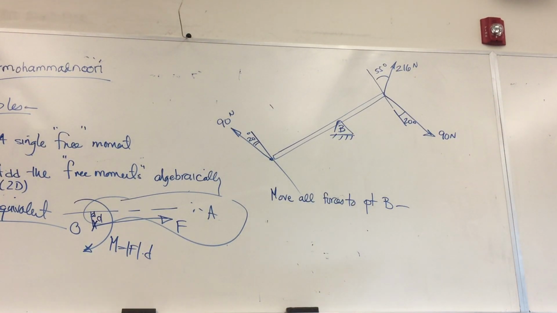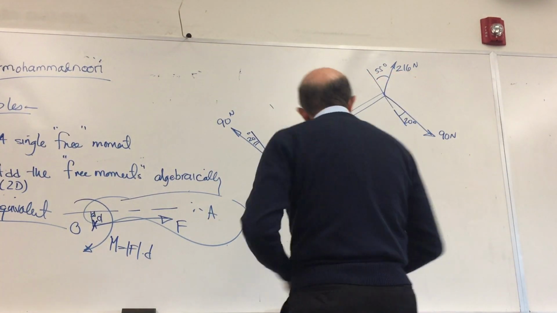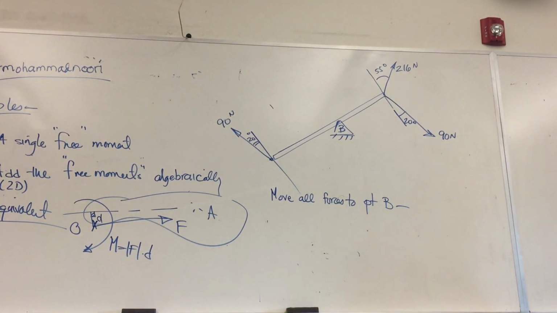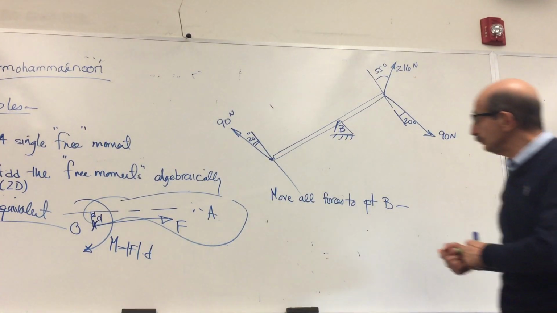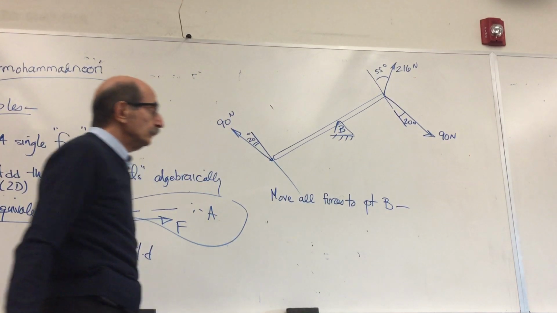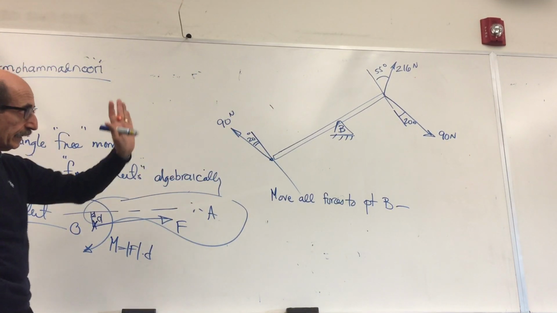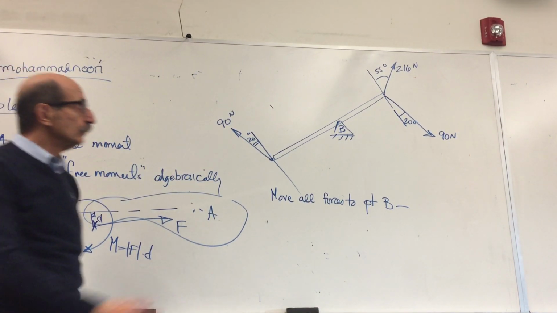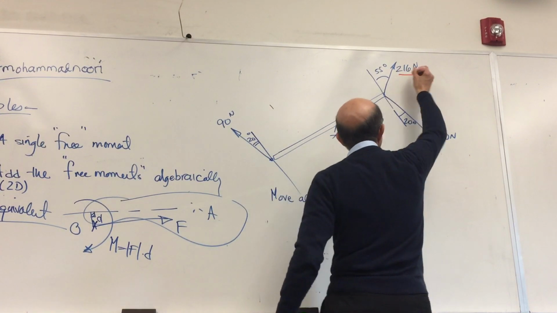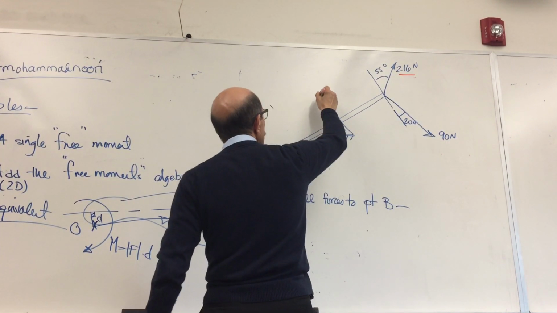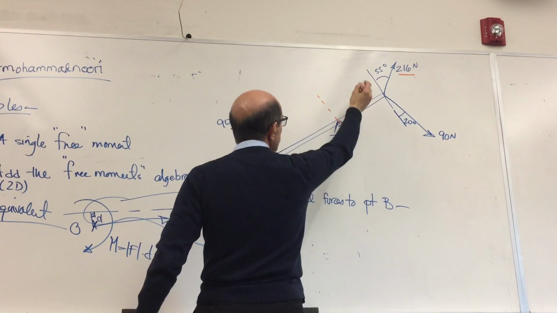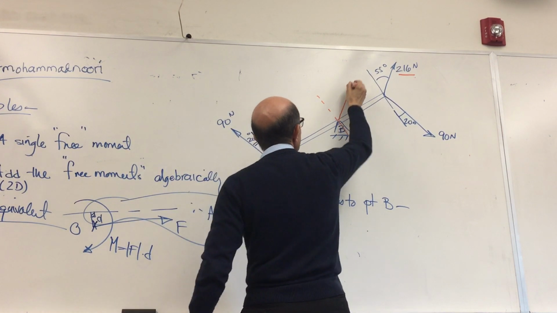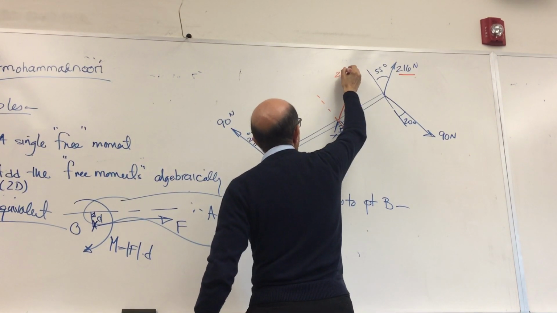In order to move all these forces to point B, you just simply move every single force to that point. So I'm going to start with this one first. I will just take that force, move it to this location.